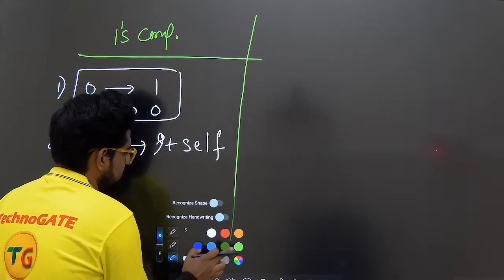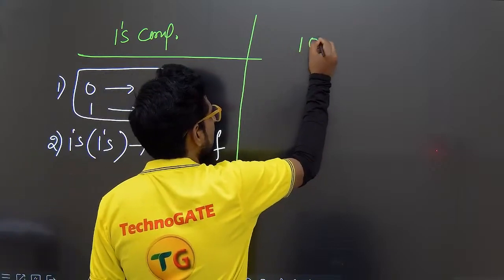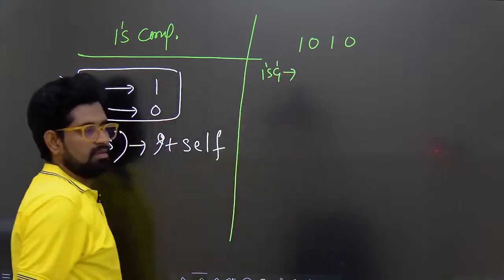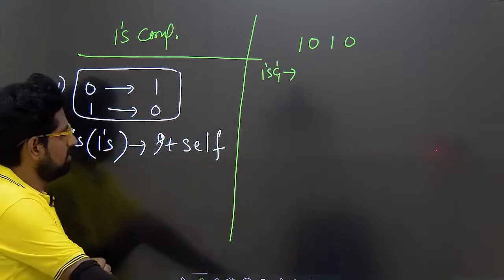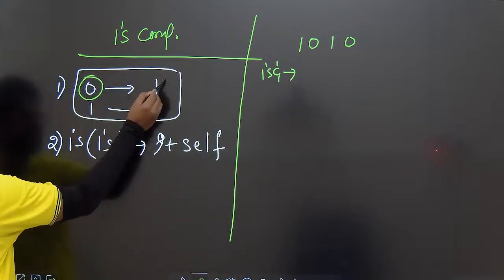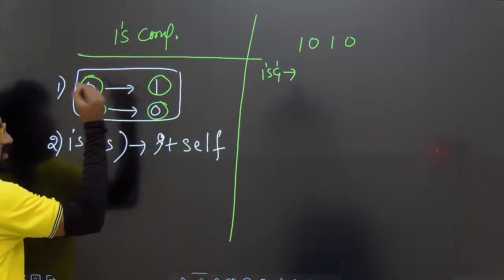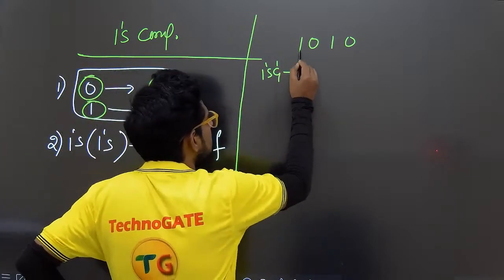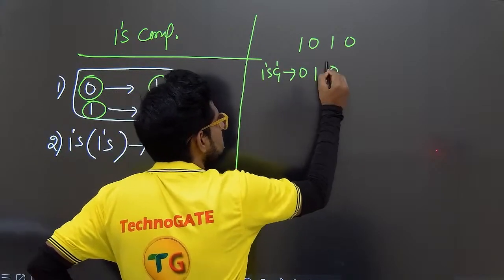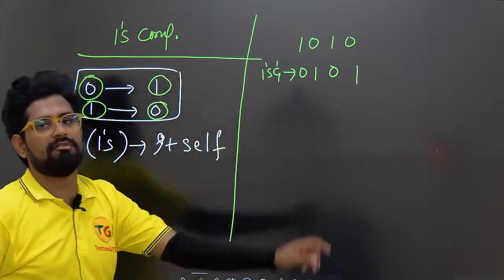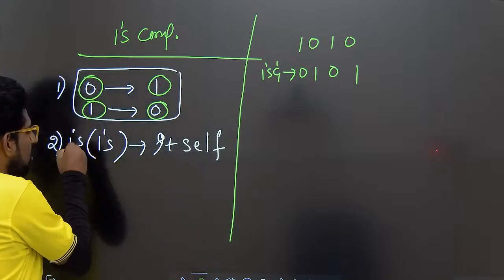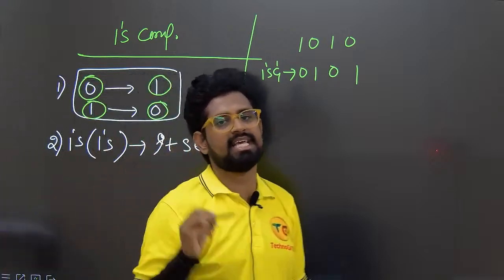For example, 1 0 1 0, what is its 1's complement? I told you clearly, whenever 0 is there write 1, whenever 1 is there write 0. That means 0 1 0 1, this is the first time 1's complement. I told you that 1's complement of 1's complement is itself.